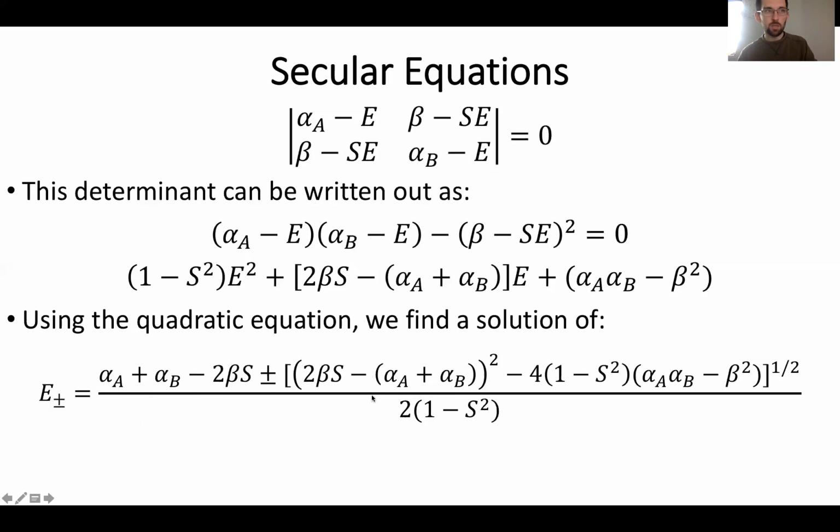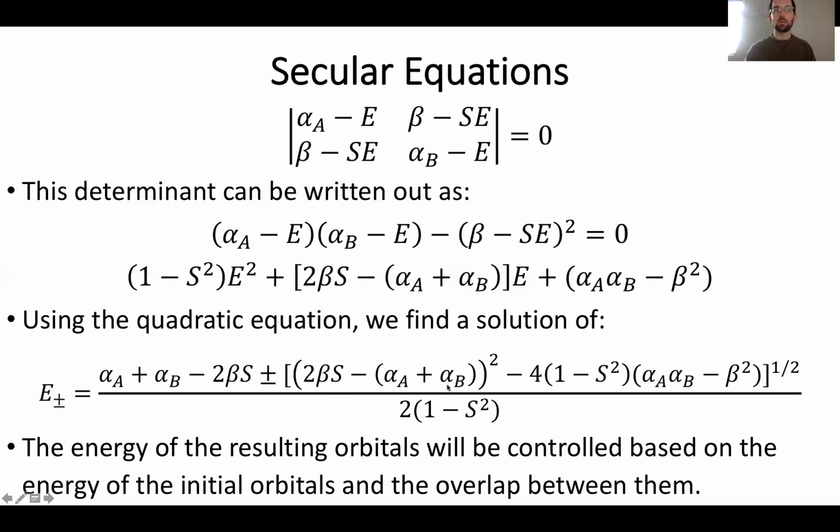But the energy is going to be centered around the average of my two atomic orbitals plus or minus some expression that depends upon the extent of overlap between my two orbitals, because that can push them either further or closer apart, and the actual energies of my two atomic orbitals. So we'll be talking a little bit more about that later.